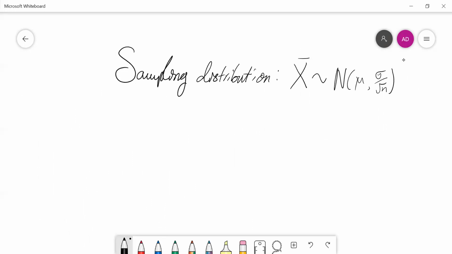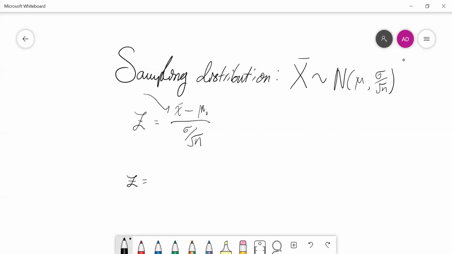If we want to change what this looks like, keeping in mind this sigma over square root of n and this mu, remember I talked in class about how, when we're doing the z-test, z is x bar minus mu naught over sigma over root n, and I drew a parallel between the sampling distribution and a z-score. We're now going to think about a z-score, and I'll talk in a minute about why it's going to be a z.